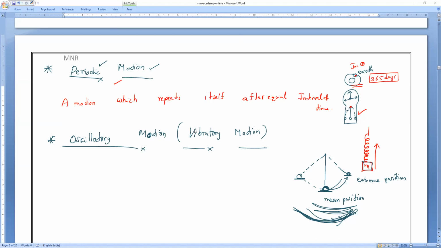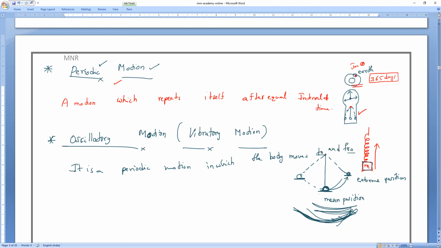So please write it. It is a periodic motion in which the body moves to and fro.